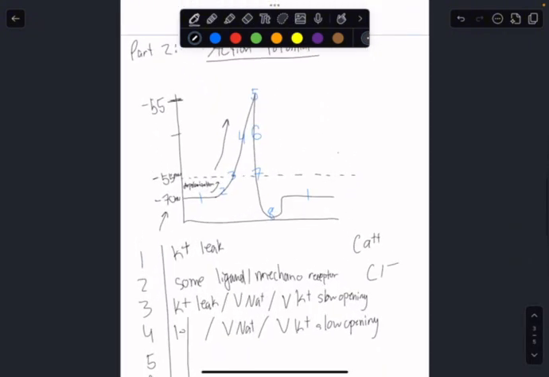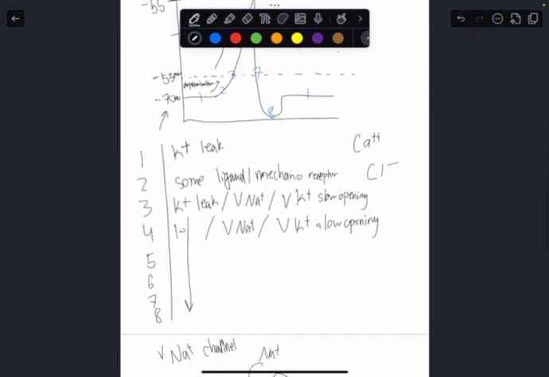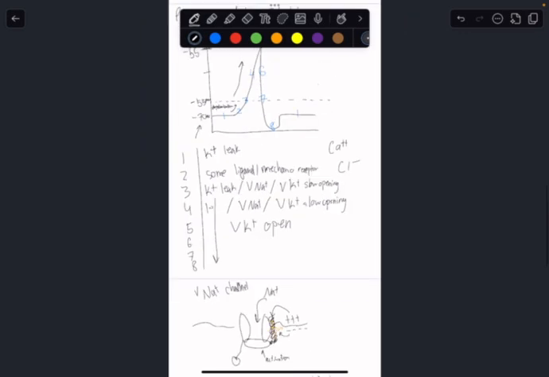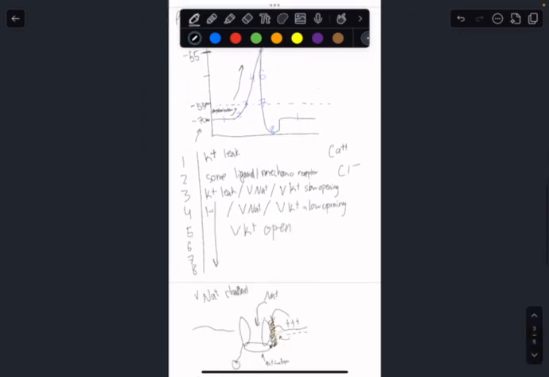So now we're at 5. Our voltage gate for sodium stops. We just have our leak, and then we have our potassium channel open right here, the voltage-gated one. Since potassium is positive and wants to leave the cell, it's leaving a bunch of negatives behind.